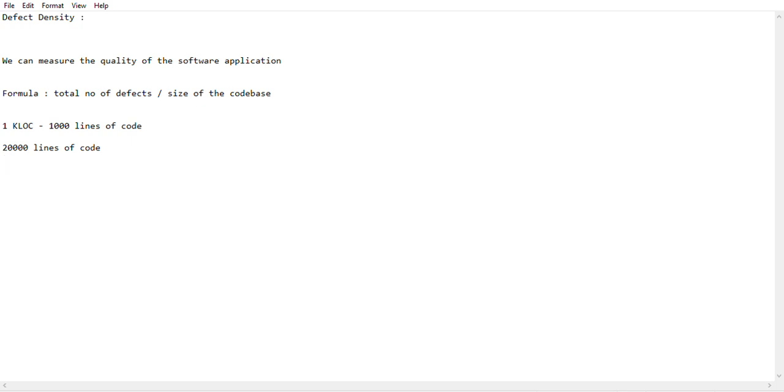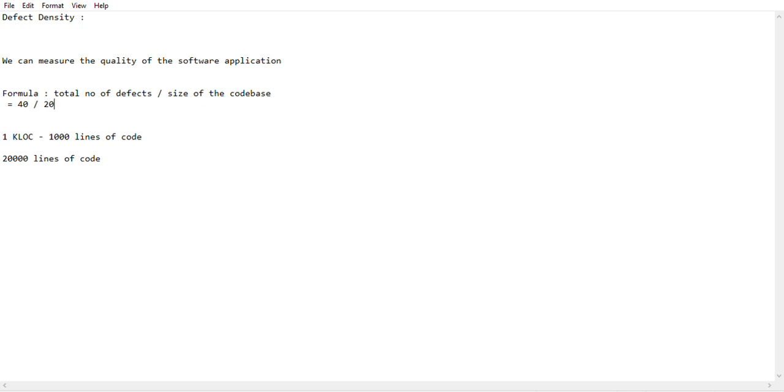So if you put the numbers in this formula, 40 defects we have found divided by 20,000 lines of code they have written for that particular module. So what would be the defect density for that module? Then 40 divided by 20.